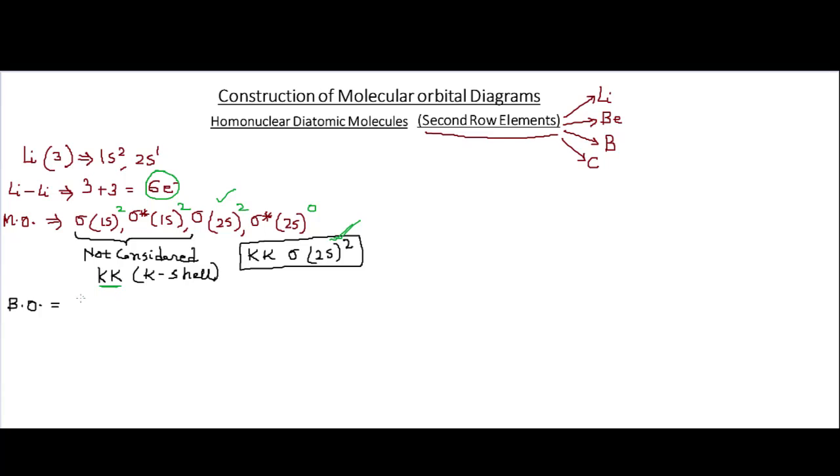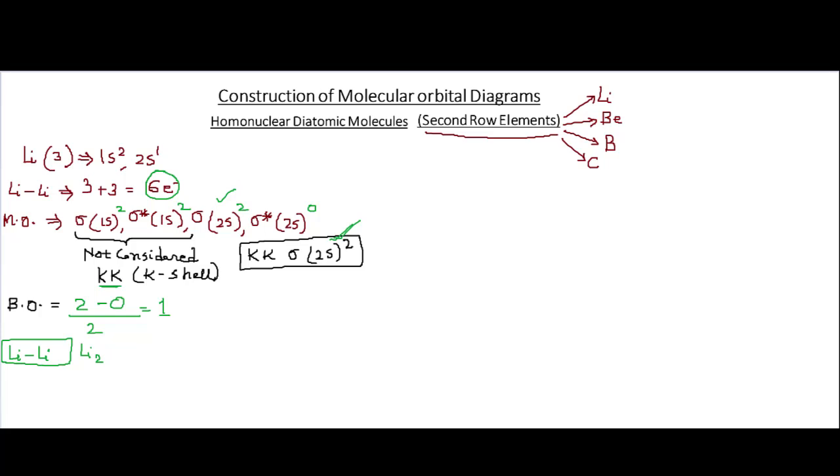So only one bonding molecular orbital, sigma 2s, containing 2 electrons, and 0 electrons in the anti-bonding molecular orbital, divided by 2, that is 1. So lithium is singly bonded, a single covalent bond. So the Li2 molecule exists as Li single bond Li, like this.